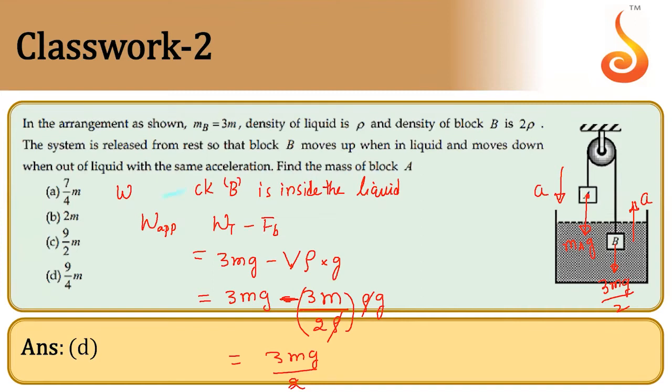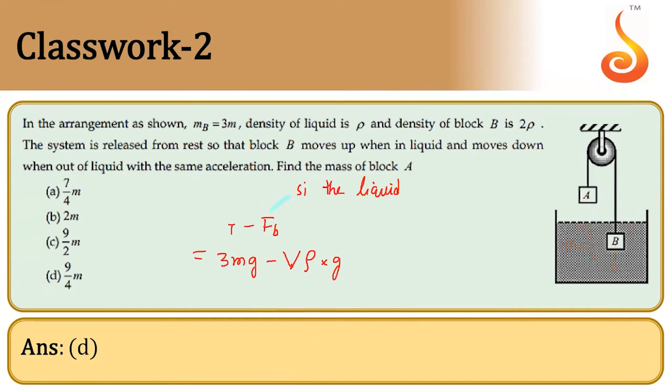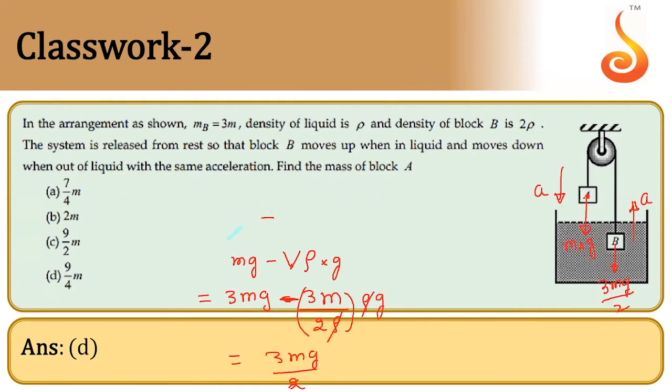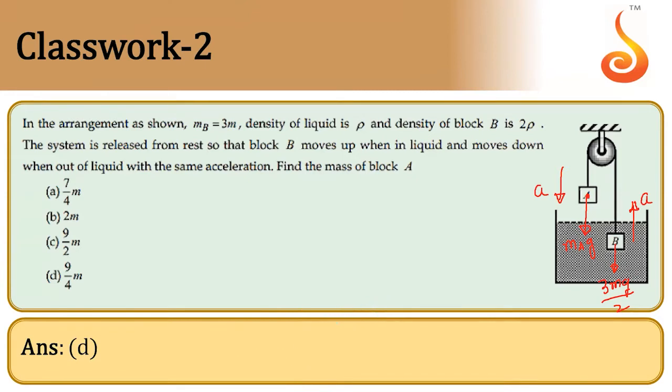Now what is the net pulling force? When block B is inside the liquid, you have to take only the apparent weight in the net pulling force. That is 3 mg by 2. Now, what is the formula for acceleration? A equals net pulling force divided by total mass.